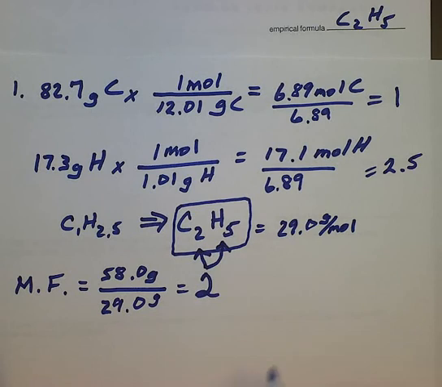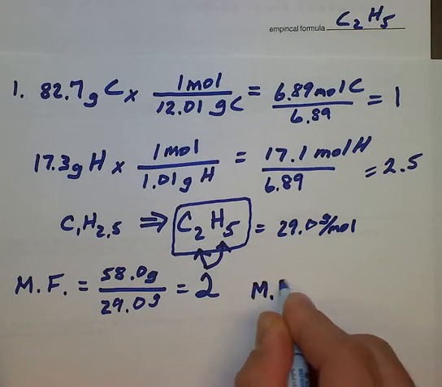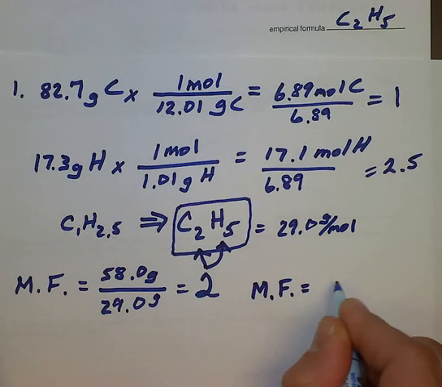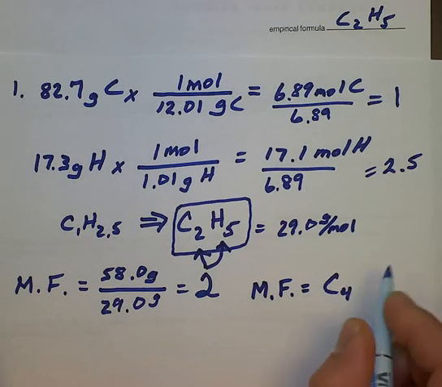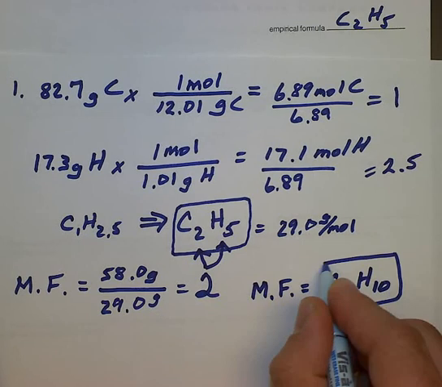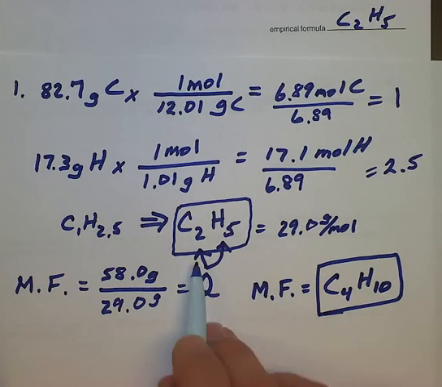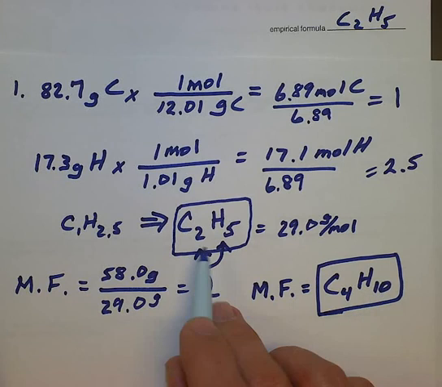So our molecular formula is going to be C4H10. This is how the molecule exists. 4 carbons and 10 hydrogens. This is butane. Its empirical formula, its simplest ratio between the subscripts is C2H5.